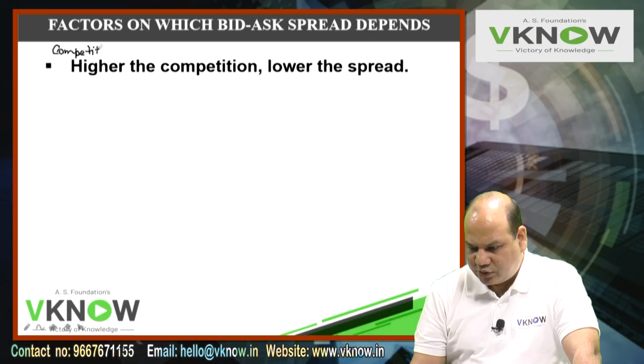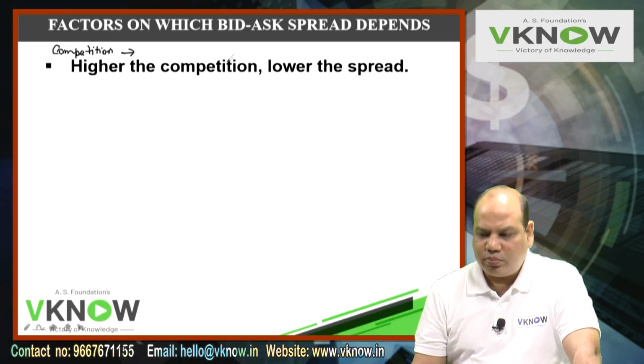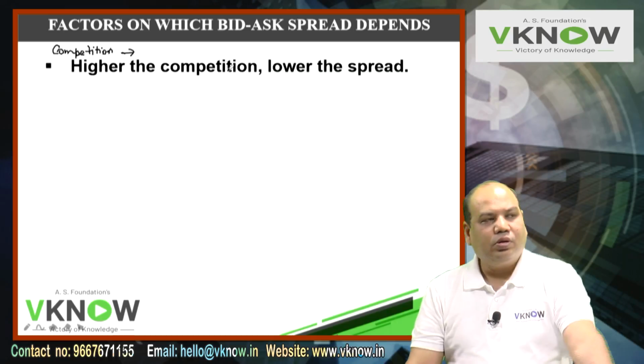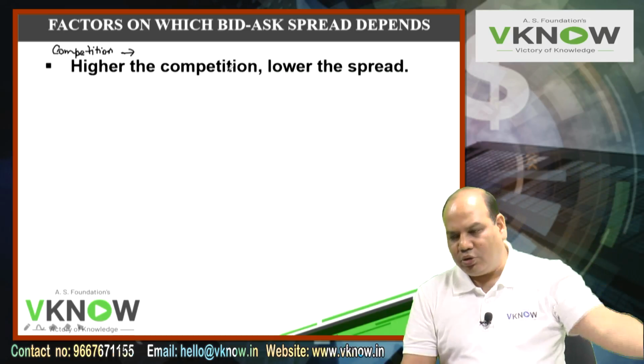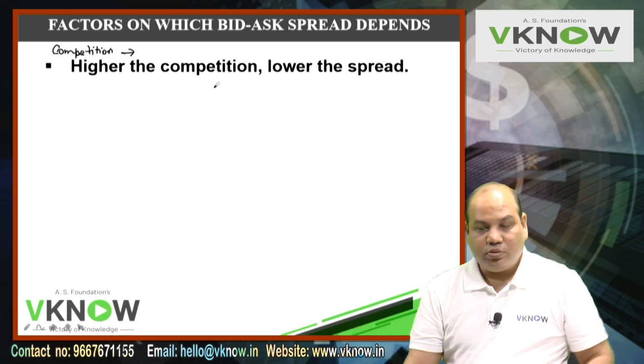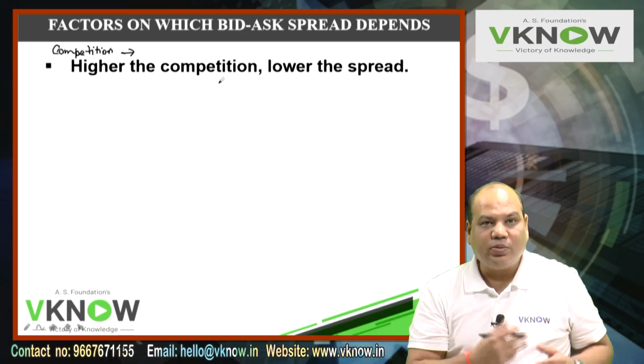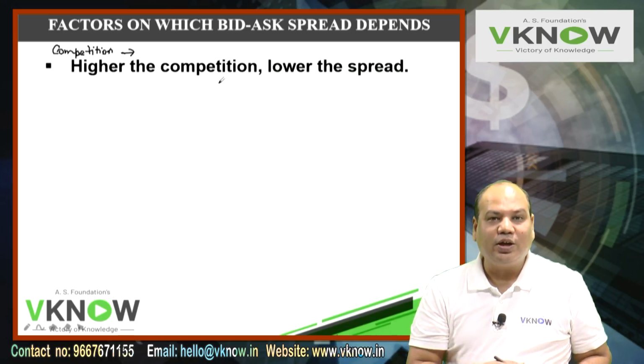Higher the competition, lower the spread. Suppose you have to buy or sell dollars. On the main road there are so many banks where you can go and buy dollars. Because there are so many banks, each bank knows the customer can move to another bank if I quote a higher rate.